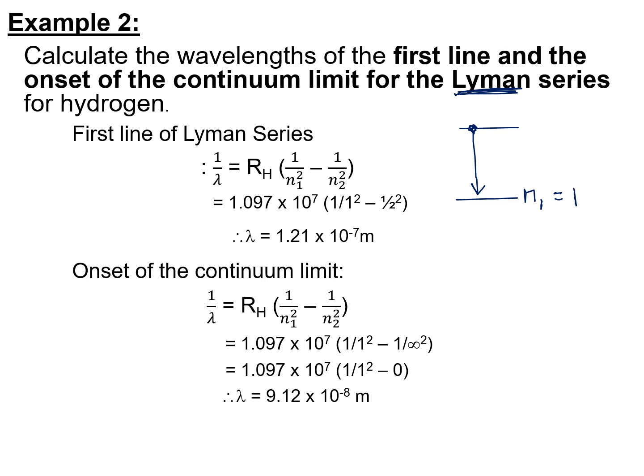Okay, so kalau first line bermaksud mestilah dia punya electron at excited state tu must be equals to 2. Okay, so that's why terhasillah first line of Lyman series is because bila electron at excited state bermula daripada 2 jatuh pada ground state equals to 1.